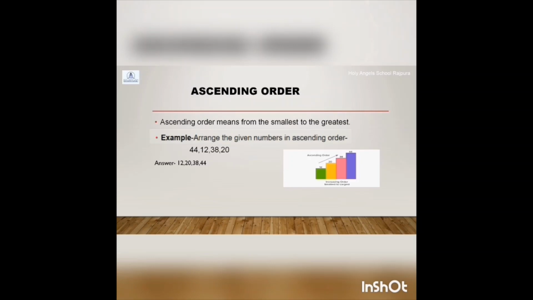Next, 44, 38 and 20 are left. Out of these numbers, we will find the smallest number. The next smallest number is 20. Then we will write 20. In the same way, next is 38 and next is 44. You can see in this picture, ascending order, the numbers given here are 12, 20, 38 and 44.